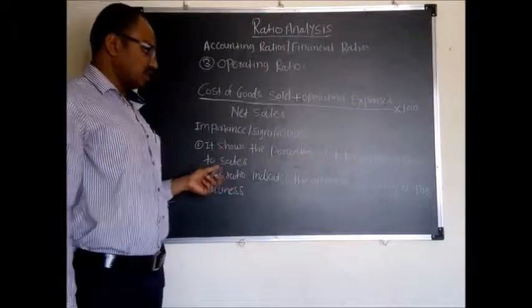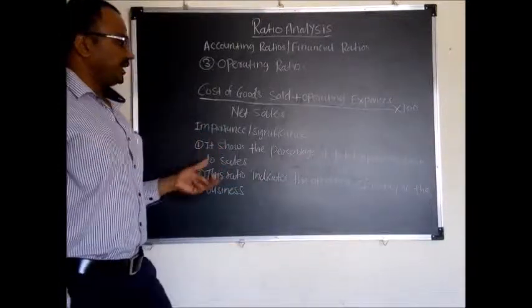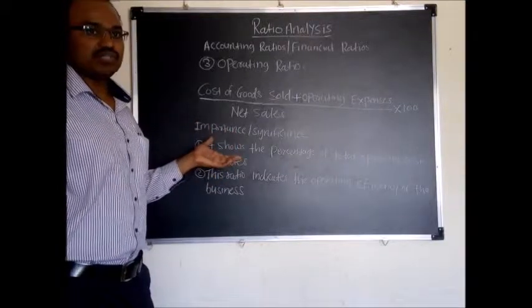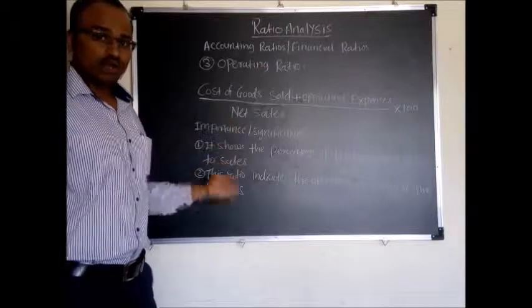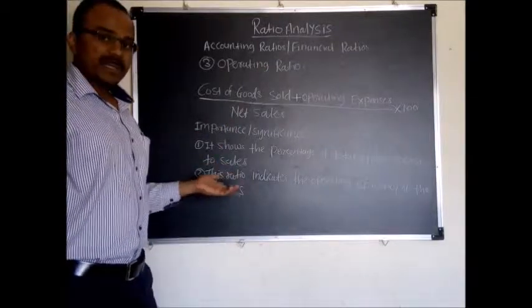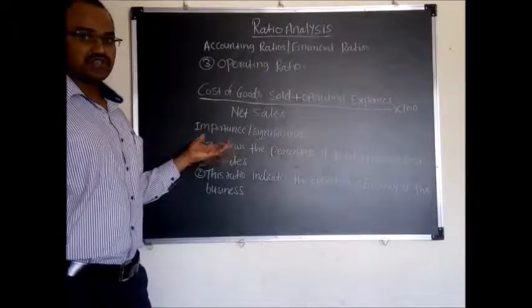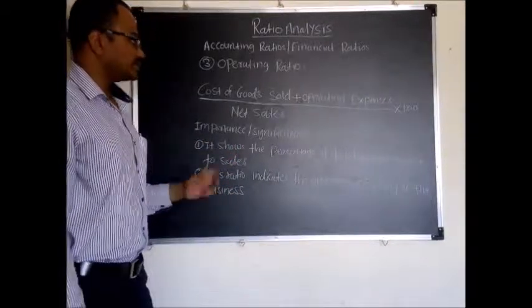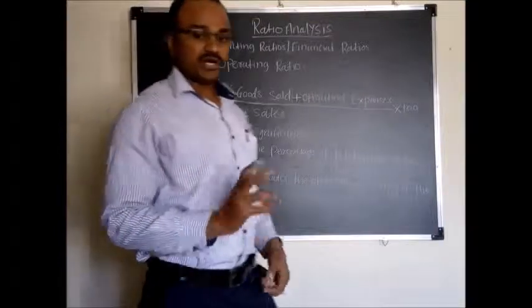These are the two important points related to the operating ratio. A high operating ratio means high operating cost, which will result in low profit. Similarly, a low operating ratio means low operating cost, which will result in higher profits. So this is one of the important ratios.